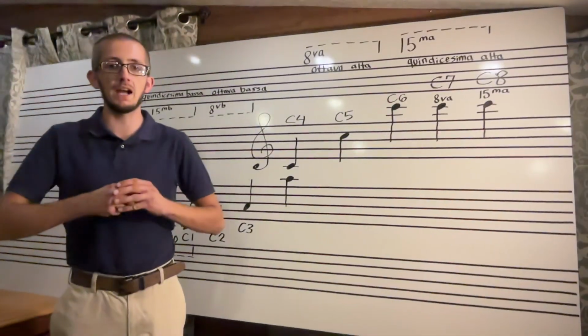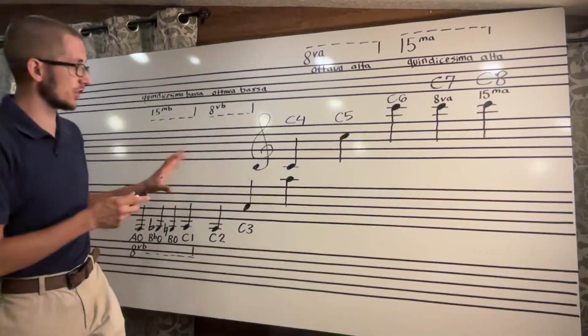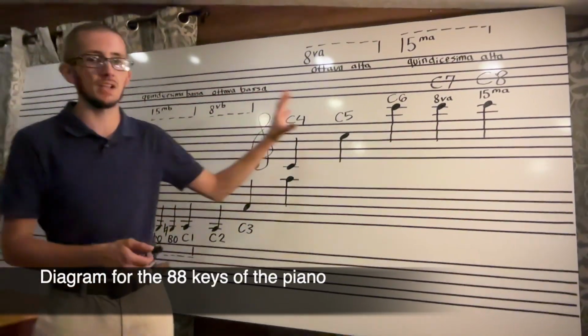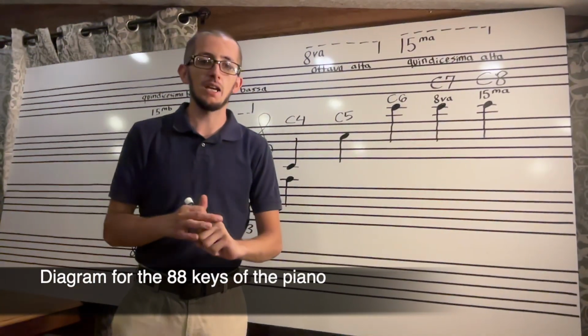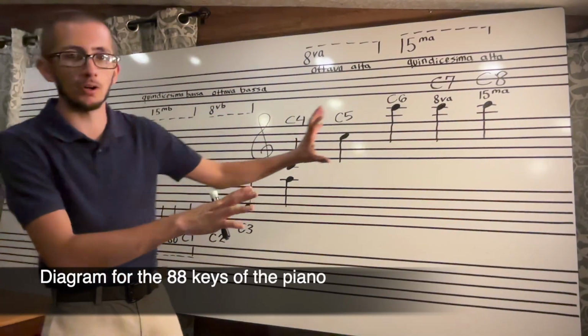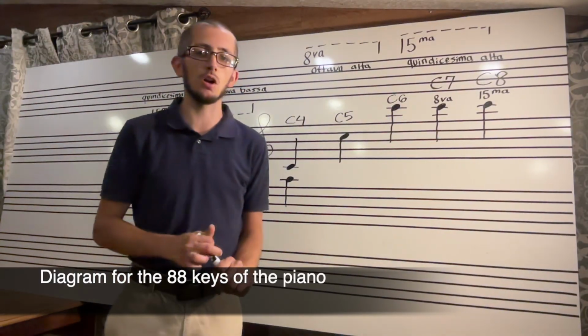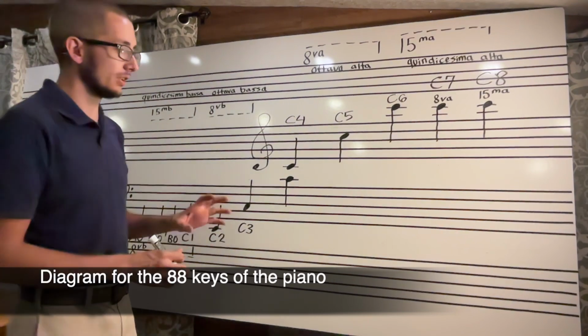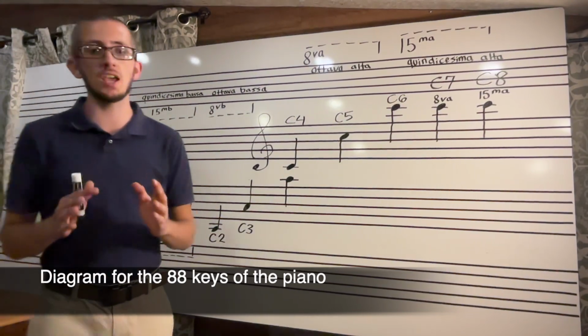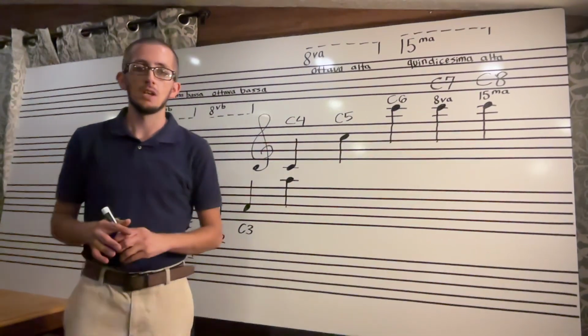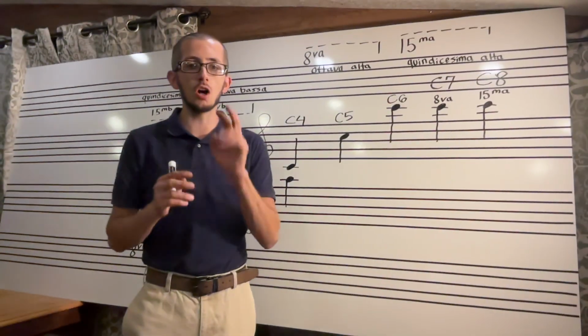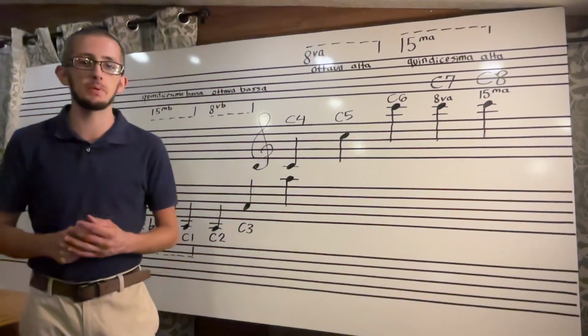Now that we've talked about accidentals, I want to finish up the video by talking about this diagram right here and show you how this is referring to all 88 keys of the piano. Now, on a piano, we have 7 complete octaves. And as we discussed before, an octave has 12 unique pitches.